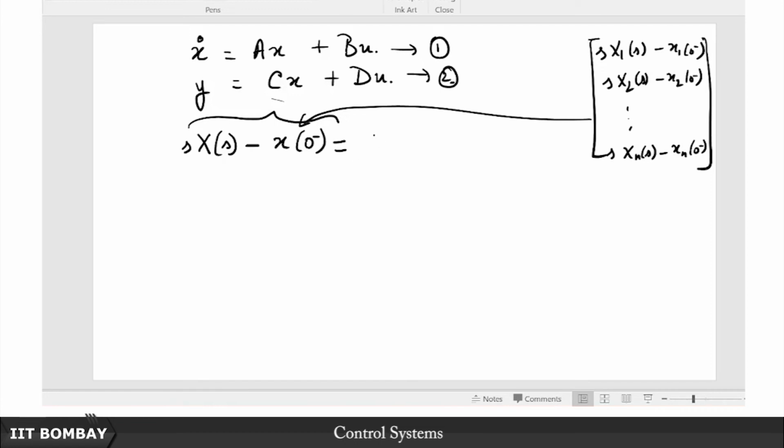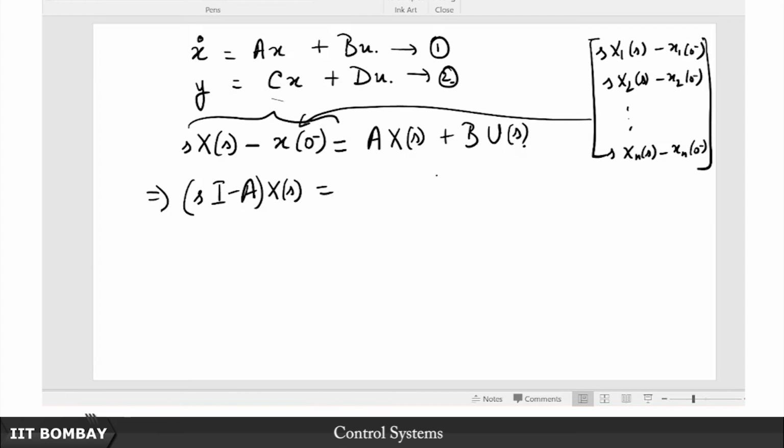So this entire term is nothing but this, just an efficient way of writing it. And then on this side, of course A is a constant, so this is going to be X(s), and B is again a constant, this is going to be U(s). So again I go back to this sI minus A, I gather together all terms related to X(s), and on the other side I push this x0 minus plus BU(s).